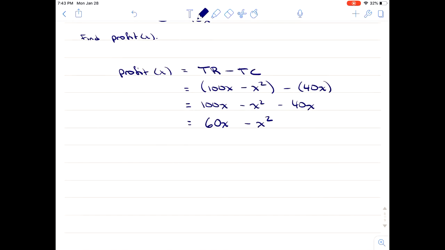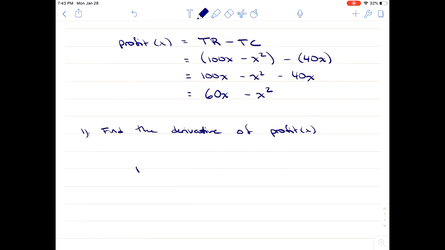So step 1, find the derivative of profit of x. So we're going to say the profit prime of x.